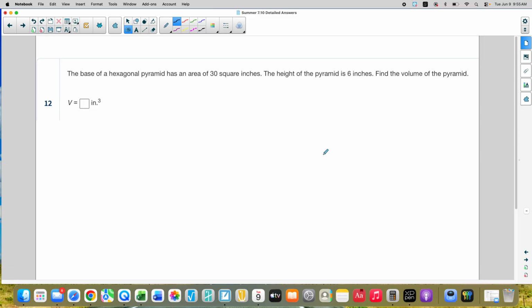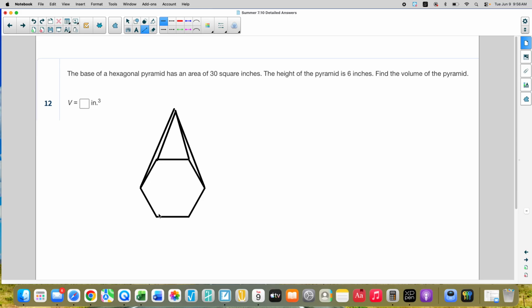The base of the hexagon pyramid has an area of 30 square inches. The height of the pyramid is 6 inches. So we can go back to our hexagonal, and we have our sides again that all go up because it's a pyramid.